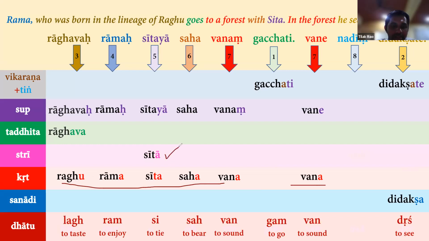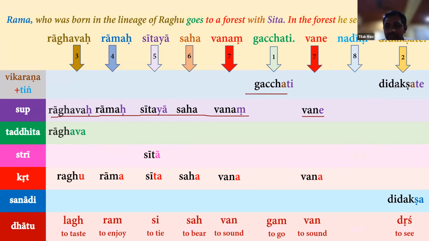And here we need a feminine form, therefore stri pratyaya is added. And in Raghava, we need an additional meaning to the noun Raghu, therefore the tadhita pratyaya is added. To end the word formation, we have to add sup pratyaya at the end. Either there should be sup or ting at the end.